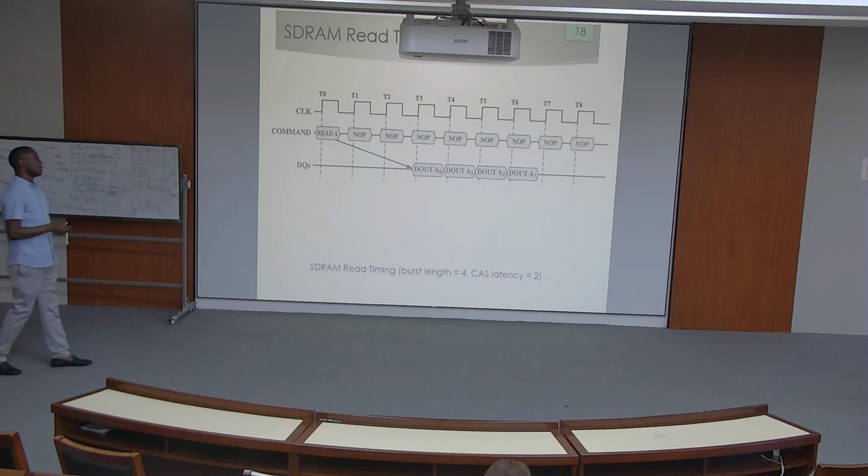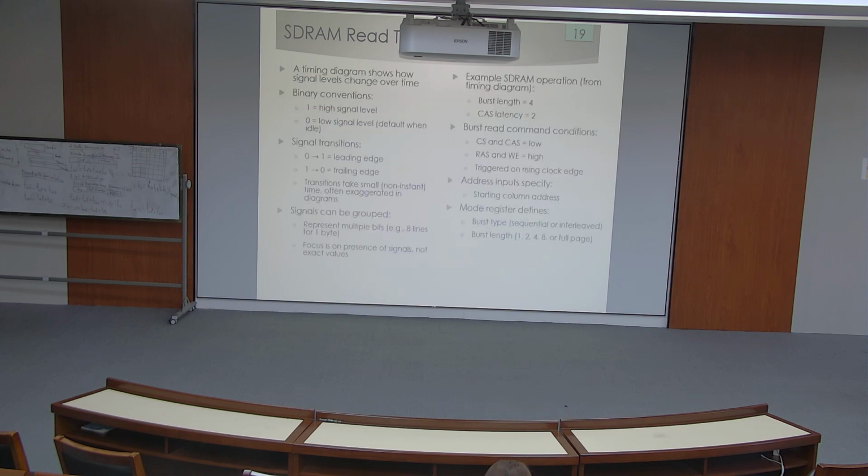So this is the synchronous DRAM read timing with a burst length of 4 and the column address strobe latency of 2.